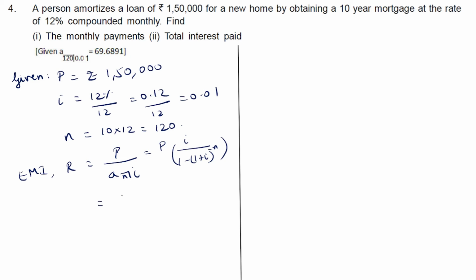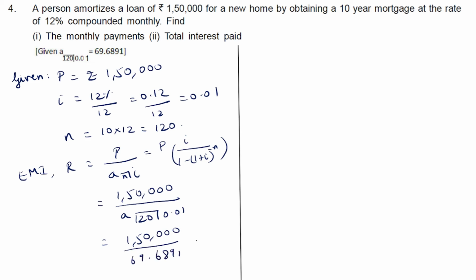So this is equal to P is 1,50,000 upon A at an angle of 120 for 0.01 rate per period. So this is given as 69.6891. So it is 1,50,000 upon 69.6891.